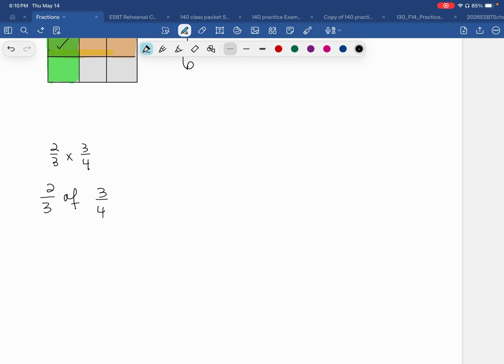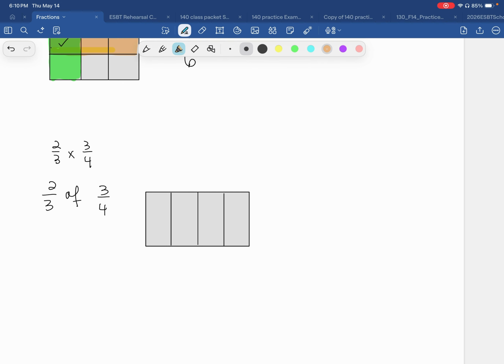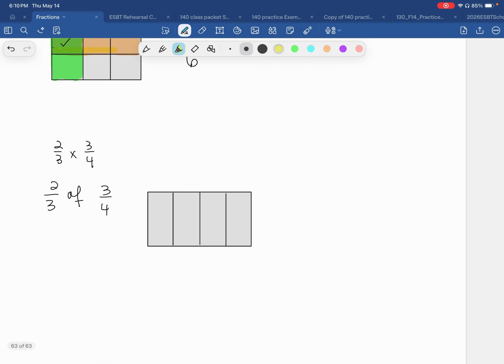So I'm going to start by drawing my 3/4. So I want my big box. I want to cut it into fourths. Okay. And then we're going to shade 3 of them.